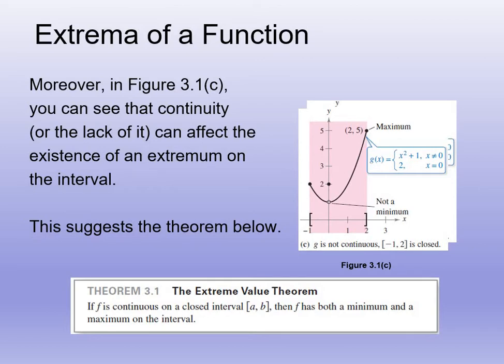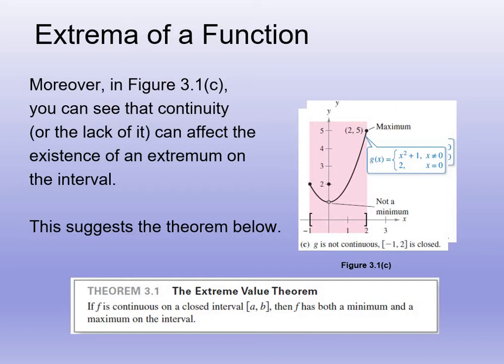So the problem with this function is if we look, it's turned into a piecewise function, right? This is very similar to the last function that we looked at. However, notice there's now a hole there. So that minimum does not occur at 0, 1 now. The minimum occurs at -1, 2.